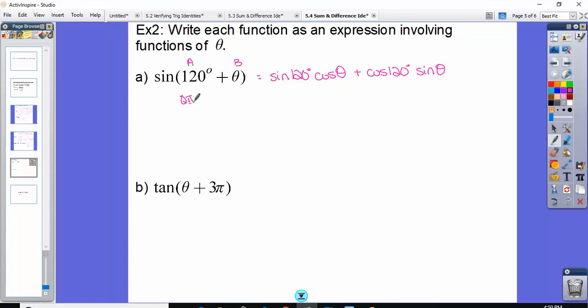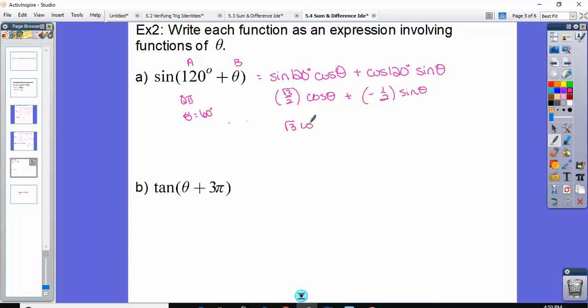120 is quadrant 2. Reference angle 180 minus 120 is 60. In quadrant 2, remember all students, sine is positive. Sine of 60 is radical 3 over 2. Quadrant 2, cosine is negative. Cosine of 60 is 1/2. You could really probably leave it this way. You could multiply this.